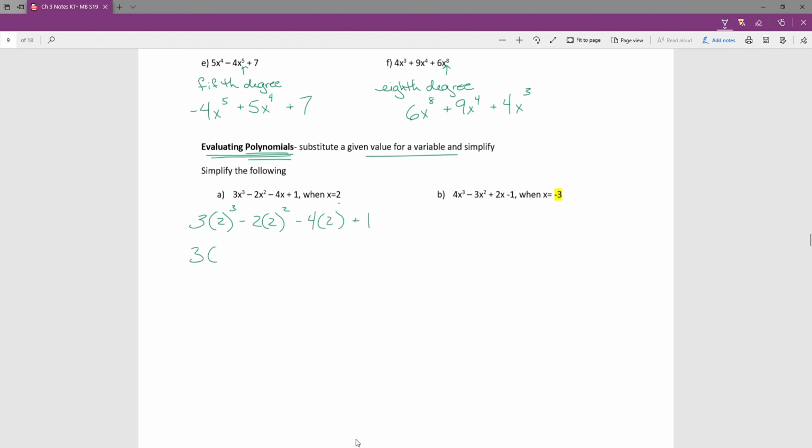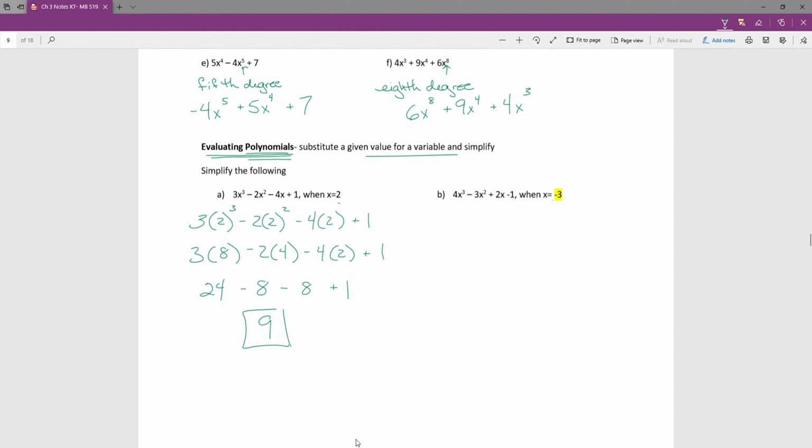That'd be 3 and an 8 and 2 squared. I'm just recopying the rest. I'll move on to the multiplication next, and that would give me a 24 out the front, -8, -8, and a +1. Doing the adding and subtracting leaves me with an evaluation of this polynomial at 9.